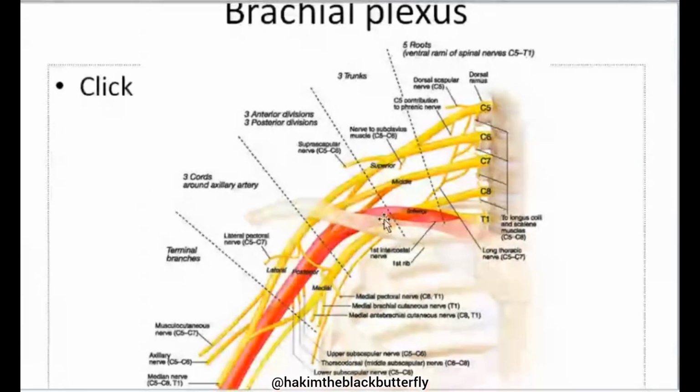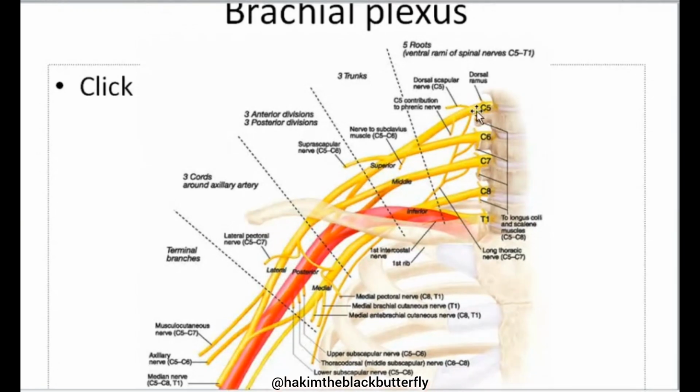When this blood vessel is below the clavicle, we call it subclavian. And when it enters the armpit, which is the axilla, we call it the axillary. So these spinal nerves are the ones we call the roots of the brachial plexus.